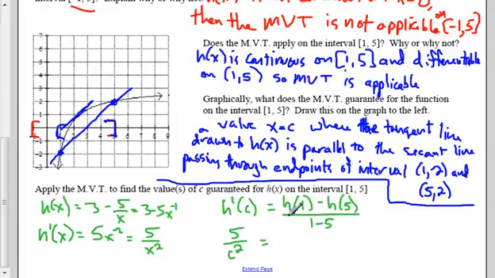It's going to be equal to h of 1. So when I let x equal 1, it's going to be 5 over 1 is 5. 3 minus 5 is -2. So h of 5: 5 divided by 5 is 1. 3 minus 1 is 2. So -2 minus 2. And then 1 minus 5 is -4.